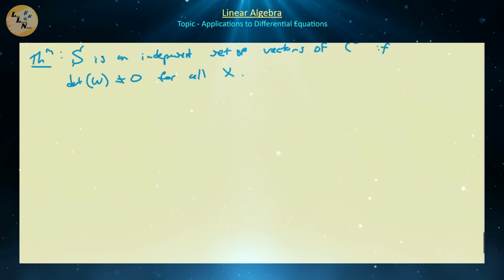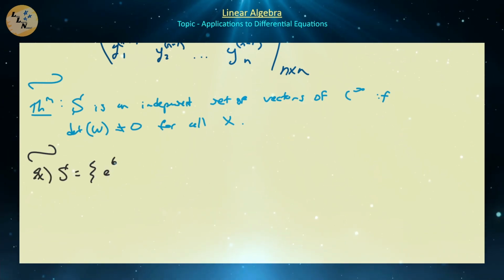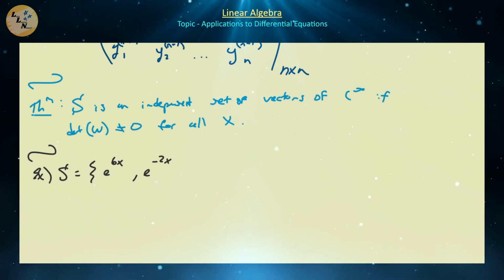So S is an independent set of vectors if and only if the determinant is not equal to 0 for all x. Let's look at our particular set of vectors that we built before, e to the 6x and e to the minus 2x. Is this an independent set of vectors?